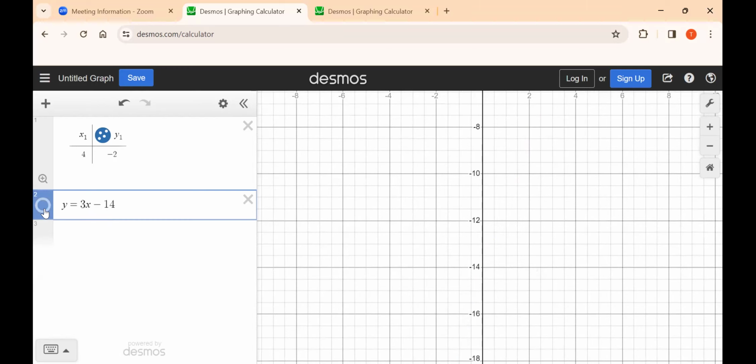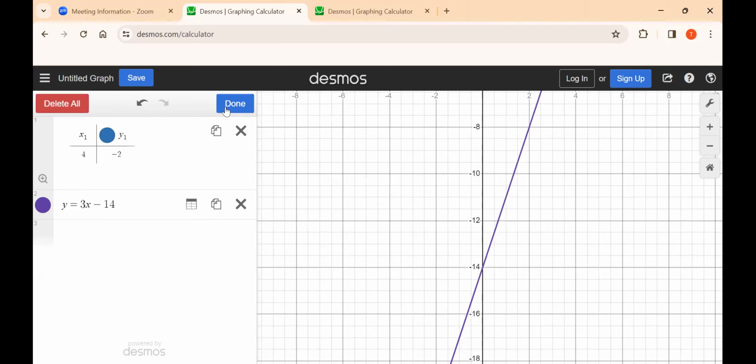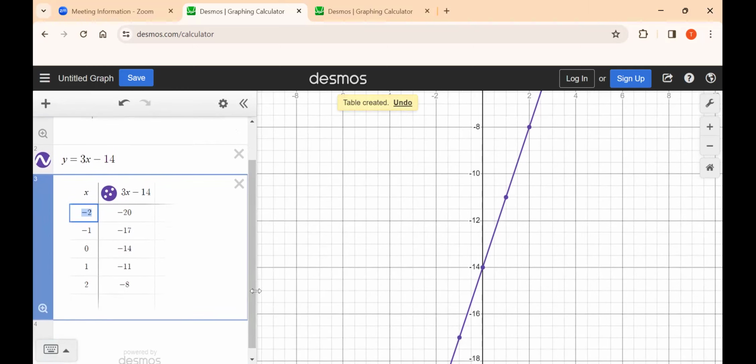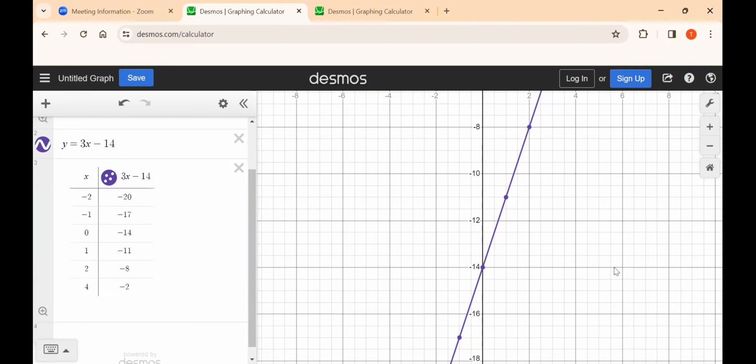So let's say that we wanted to check it using a table from this equation. I'm going to go back to the settings, and when I do the settings, I'm going to create a table for that equation. When I'm creating that table, the line has to go through 4, -2. So see, it goes through 4, -2. And notice it has a slope of 3.